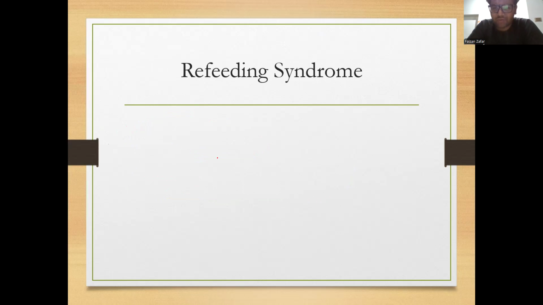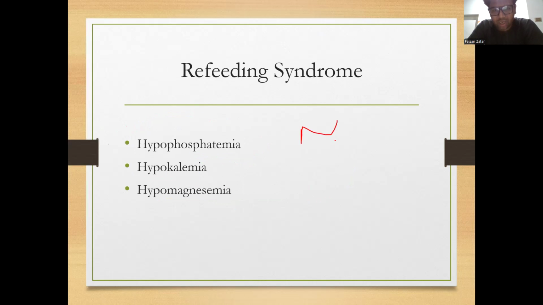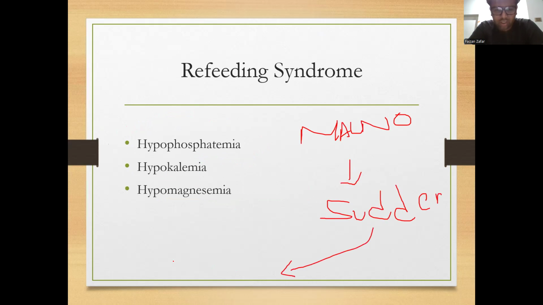Refeeding syndrome. What happens when a severely malnourished patient has a sudden increase in calorie intake? It leads to increased insulin.